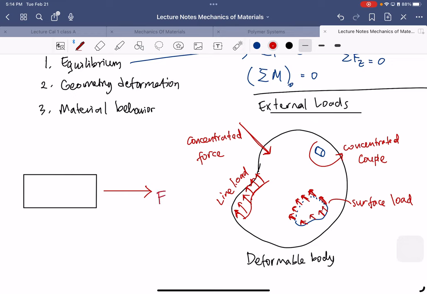This is what we call the resultant force. So if we give some force, of course there will be some distributed force along the area.